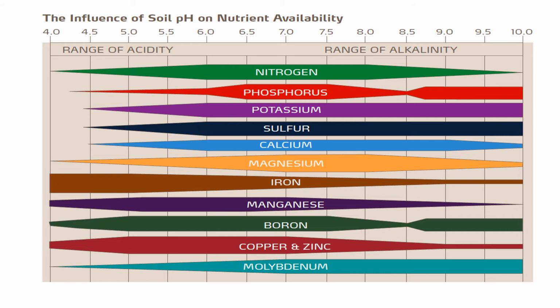So you can see at a neutral pH of 7, most nutrients are available, but if I get too acid or too basic on either end of the pH scale, then my availability of nutrients is actually going to decrease. So that's why it's so important for your soil pH to be spot on.